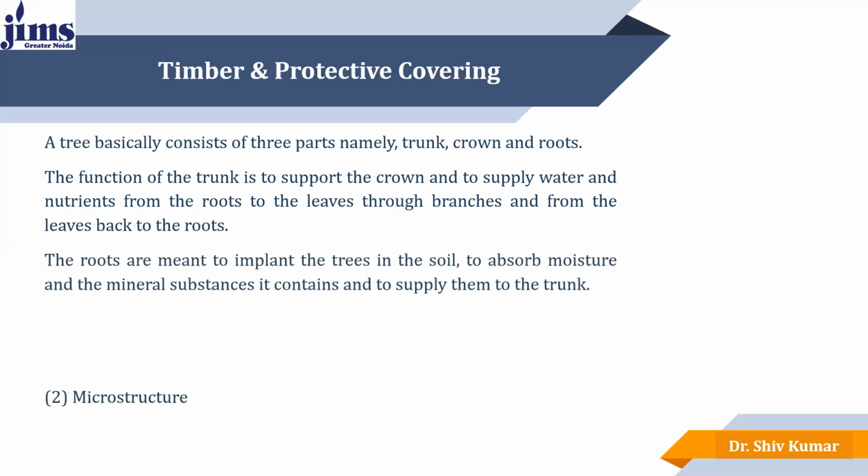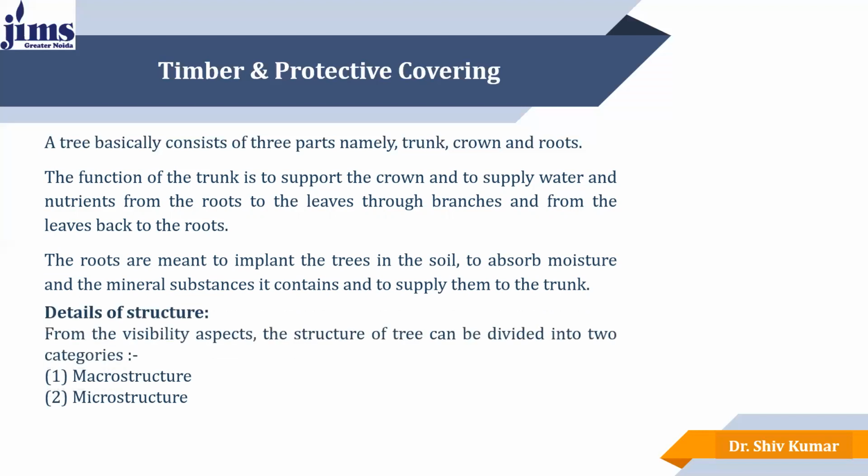The function of the trunk is to support the crown and also to ensure the supply of water and nutrients from the roots to other parts of the plant. The roots are meant to implant the tree in the soil and absorb moisture and mineral materials from the soil.